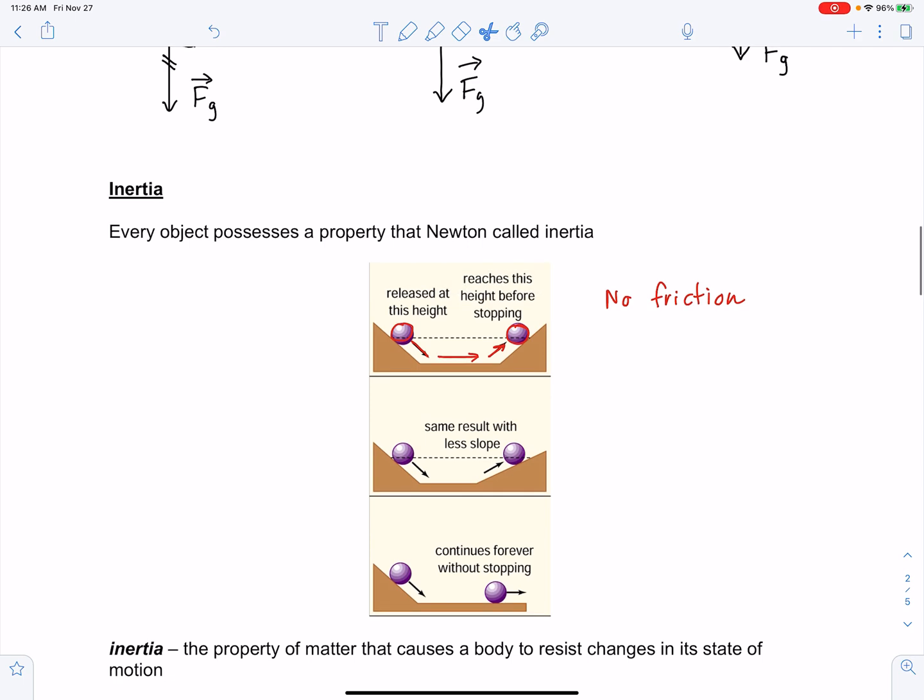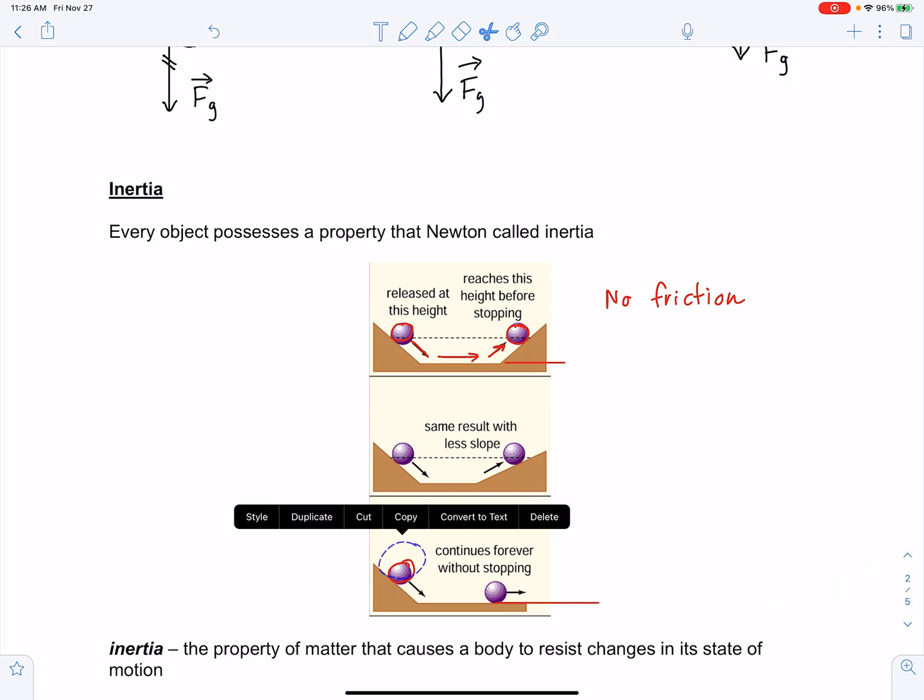But Newton and other physicists like Galileo had a thought experiment. What if we decreased the slope of the ramp so that eventually it ended up flat? What would an object do if it were released from this height and there were no friction? Well, Galileo thought this object would probably continue moving in a straight line forever and ever.